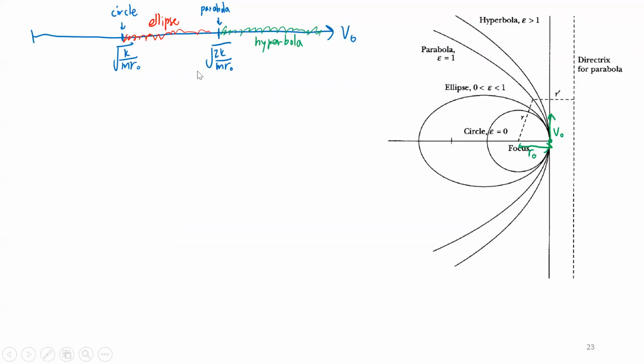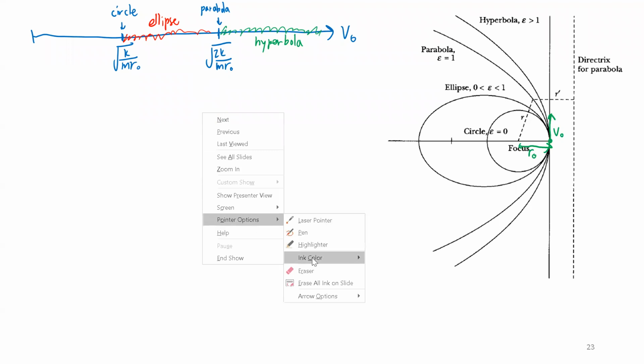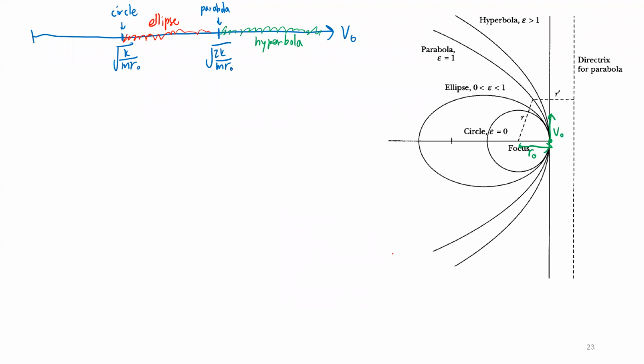So from my mathematical result, all I'm saying is that all over this range, I should get the ellipse, except at this point.